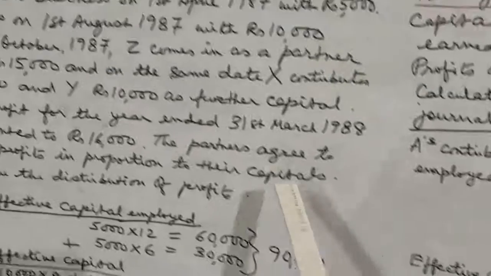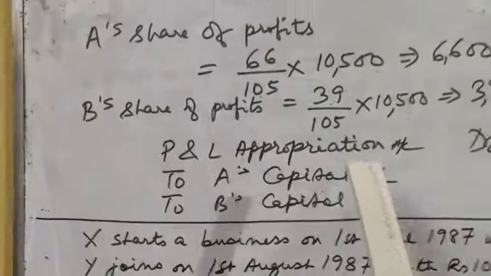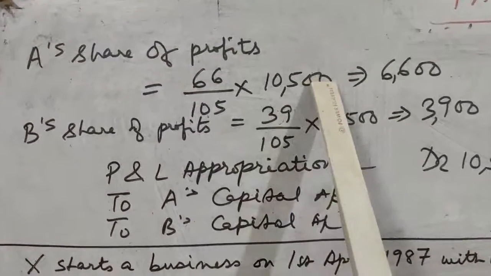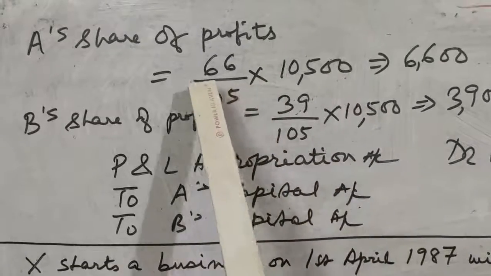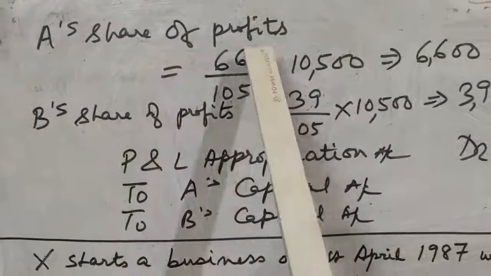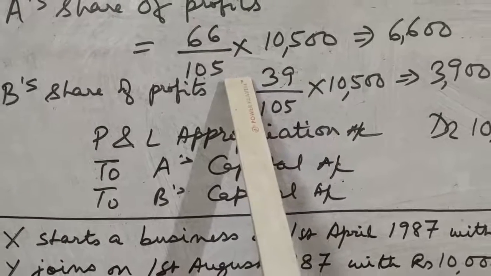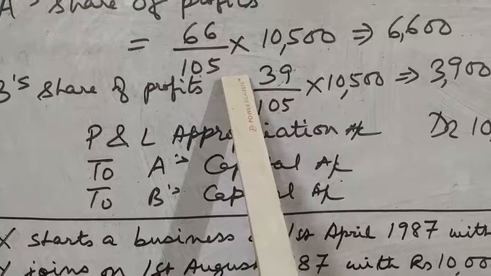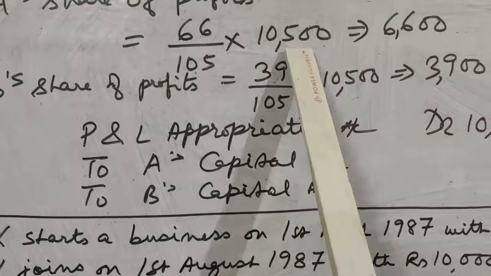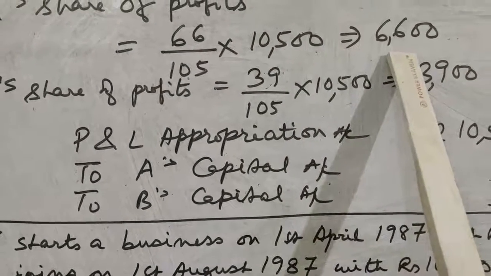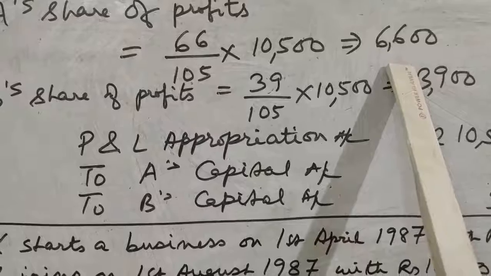And therefore, the amount of profit, that is 10,500, will be distributed as follows. A's share of profits will be 66 divided by 105, where 105 is the sum of 66 and 39, into 10,500. That is 6,600. That is A's share of profits.